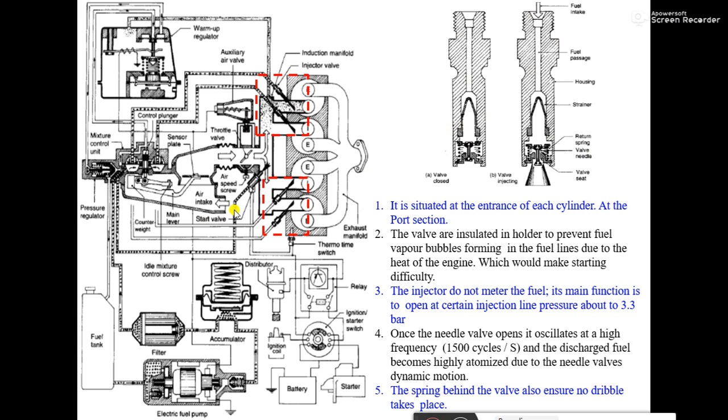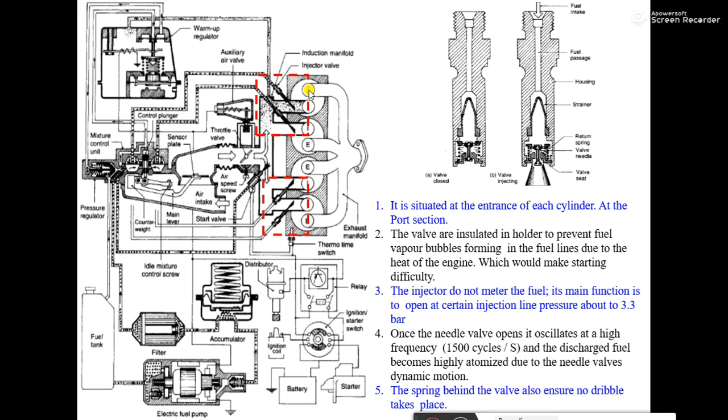Location-wise, I will point out and highlight these on this entire diagram. The injector located inside this dotted box represents the injector valve or fuel injector, or you can say the service injector. The fuel injector, service injector or injection valve, any name you can say, is located directly at the inlet manifold, at the position of each respective cylinder.